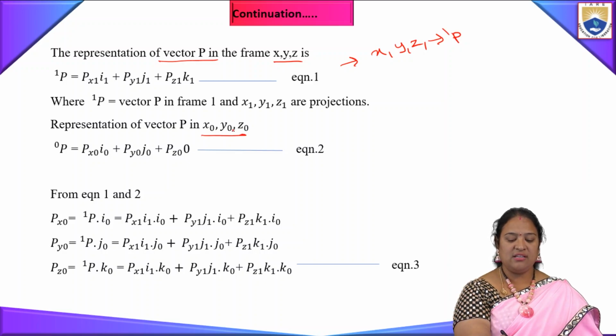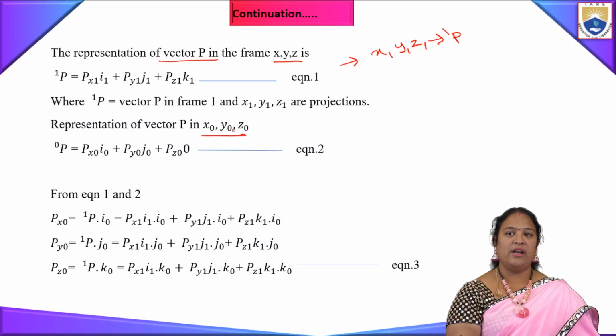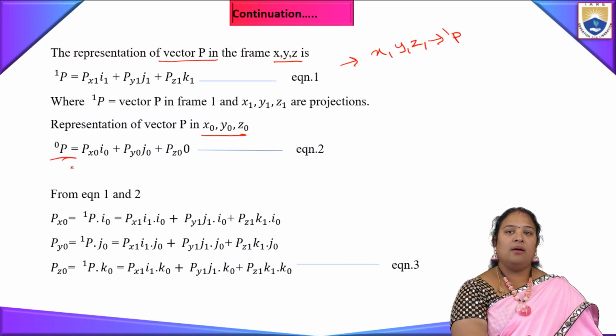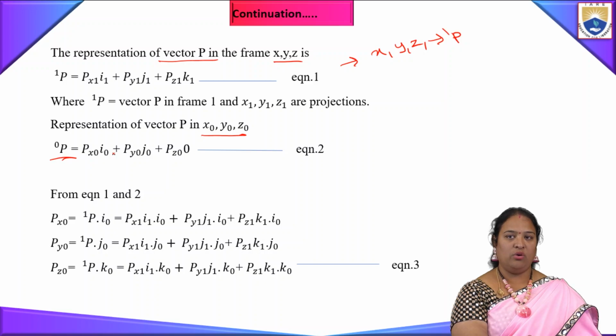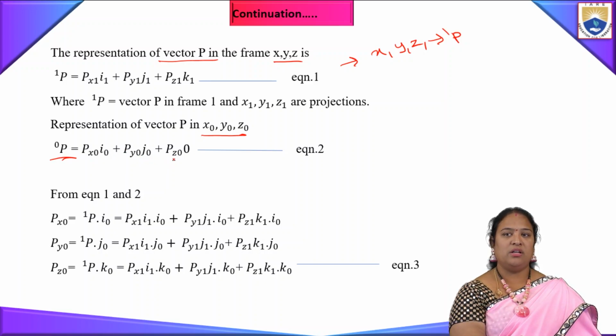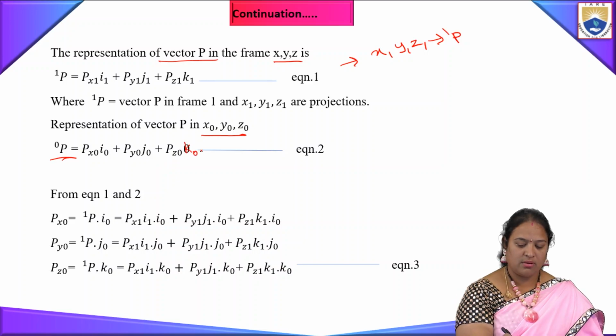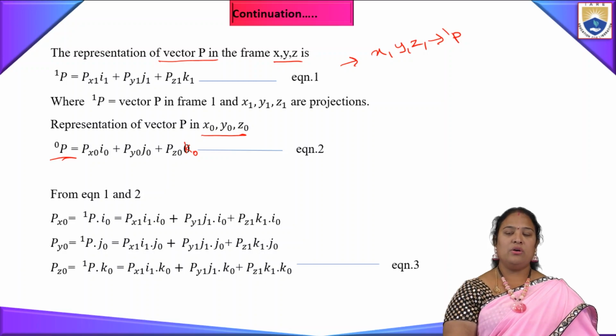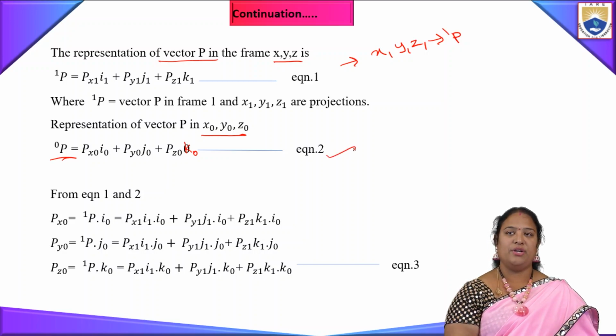And when we consider the vector projections for x0, y0 and z0, we give the representation of the vector as: the vector p at frame 0 is equal to px0 into i0 plus py0 into j0 plus pz0 into k0. Right, this is k0, pz0 into k0, which is considered as equation 1.